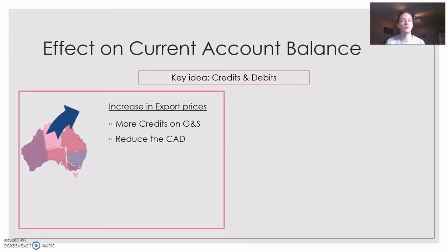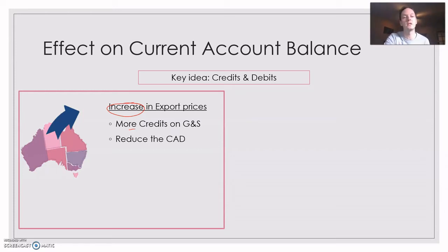All right, so we're going to start with exports. On the left-hand side here, we're just doing exports. So if there's an increase in export prices, doesn't matter how, when we're doing the effects of the terms of trade, all you've got to say here is, if export prices increase, how do I get to a change to the current account balance? So, if we're exporting coal, and the price of that coal has increased, well, there's more money coming into the country.